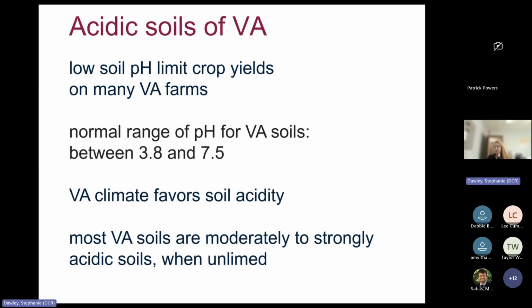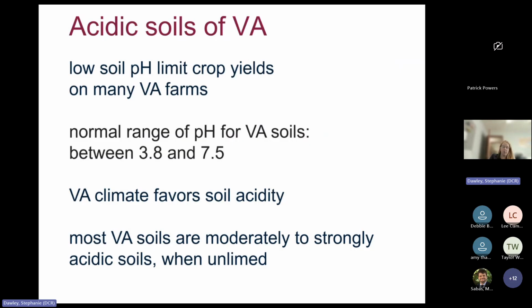And one of you all mentioned in a question at the end, would it be considered a waste of resources to apply nutrients without your lime being correct? And yes, basically, the soil is not able to take it up at a certain rate. Whenever your pH gets too low, nutrients that you don't want available do become available, which can lead to toxicity and other negative impacts of it.